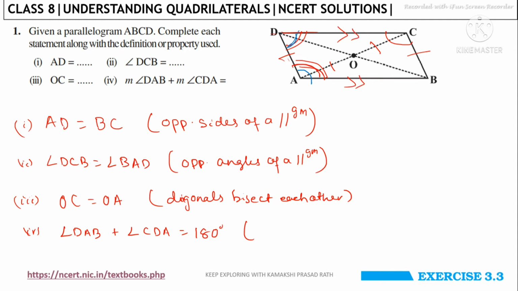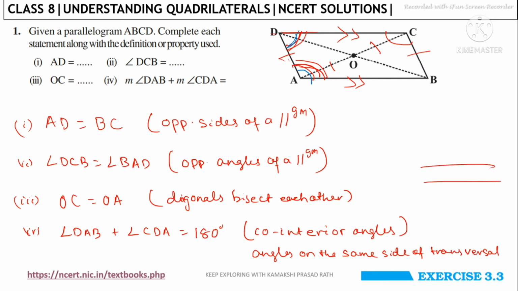So since AB and CD are parallel, and AD is the transversal, these two angles form co-interior angles, and we know co-interior angles are supplementary, or we can say angles on the same side of the transversal.